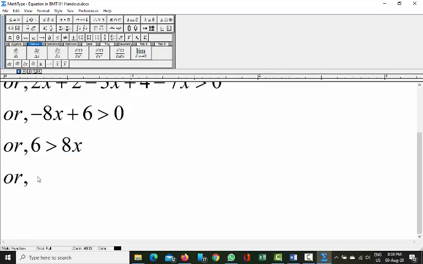Now pay attention. If you move this 8 to the right hand side, what we will have is 6 divided by 8 greater than x.